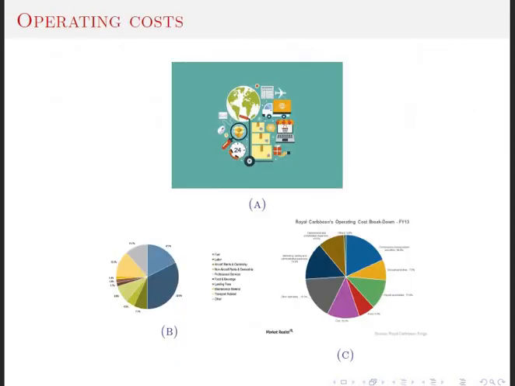Operational costs are the routine costs of running a business. While these vary based upon types of businesses, many basic types of operational cost exist that a business must consider when budgeting. In the figure, B and C show pie charts of operational cost of two different companies.